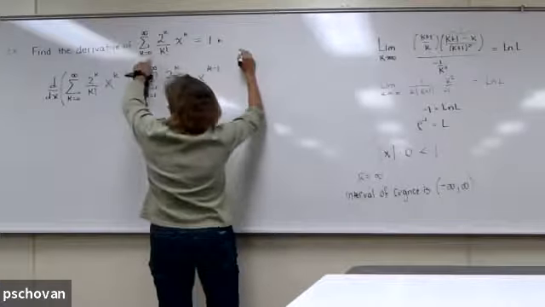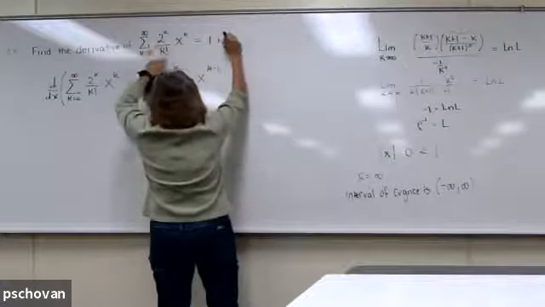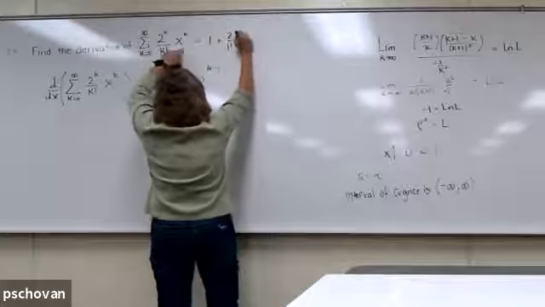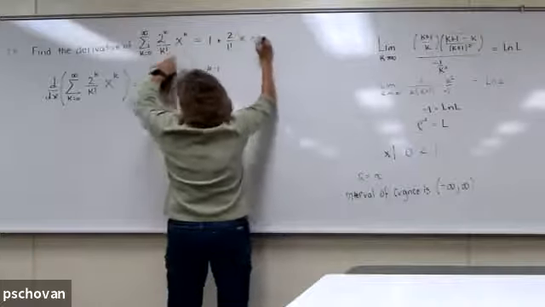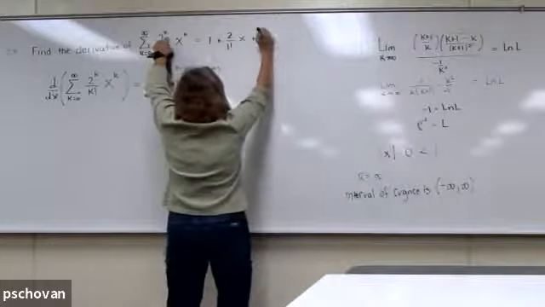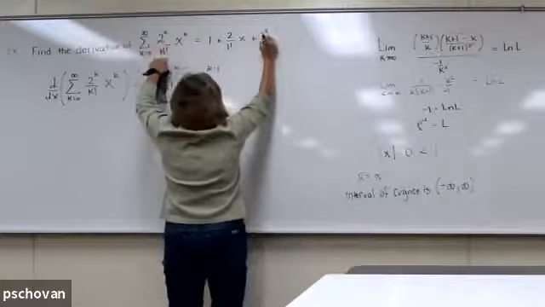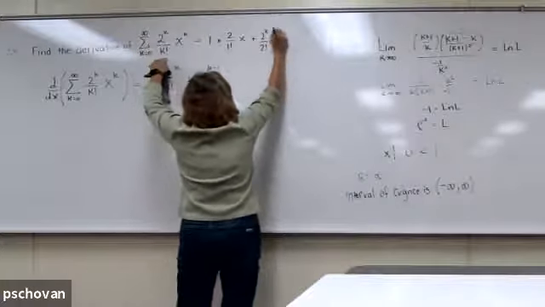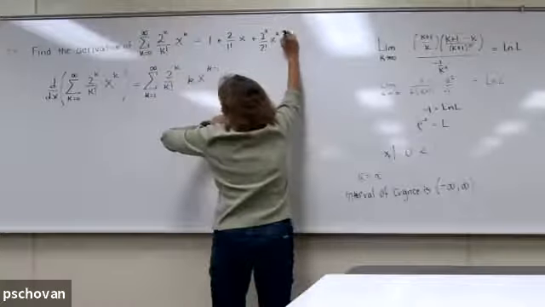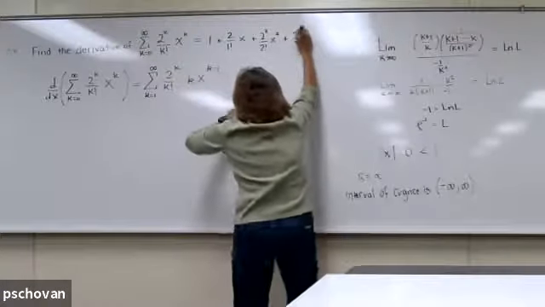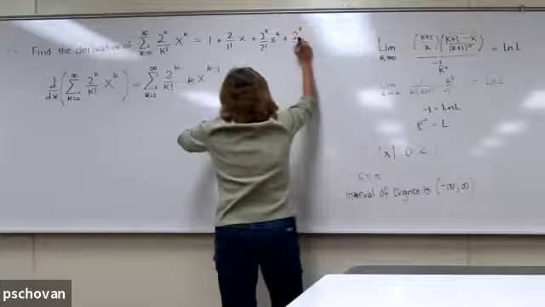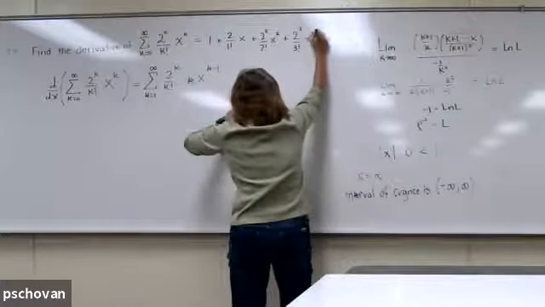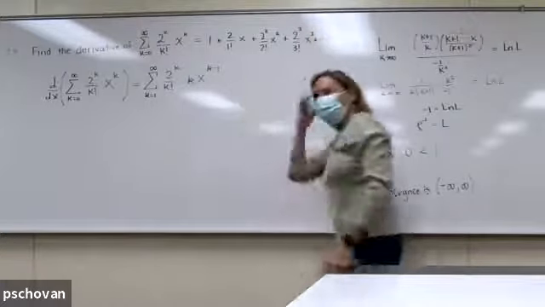Then the next term, k is 1, I have 2 over 1 factorial x. Then the next term, when k is 2, I have 2 squared over 2 factorial x squared. Let's do one more term. I have 2 cubed, 3 factorial x cubed, and so on.